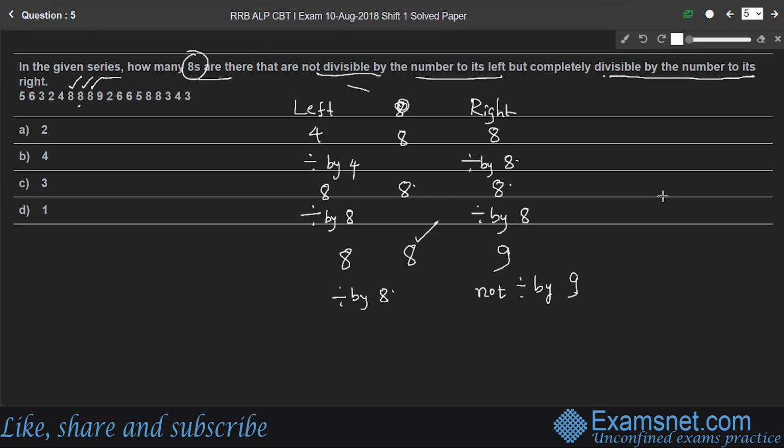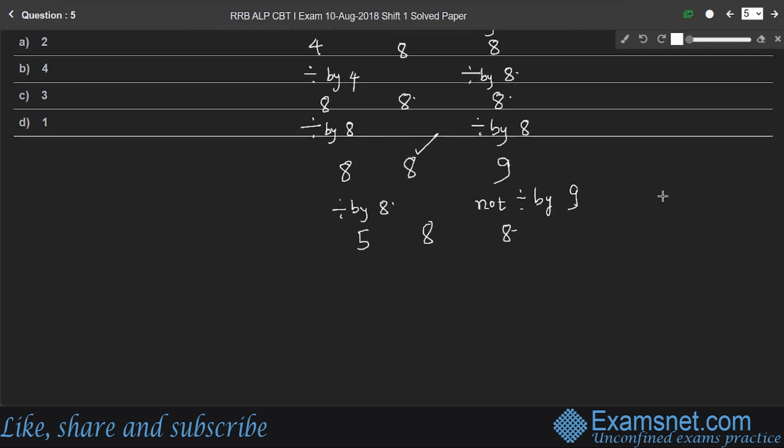So consider this 8, which I am showing. To its left we have number 5, to its right we have number 8, where 8 is not divisible by 5, right? So the number 8 is not divisible by the number to its left, but it is divisible by the number to its right, which is 8, right?